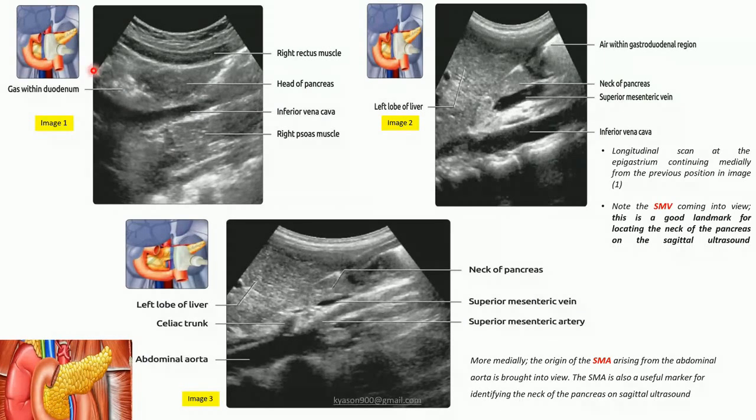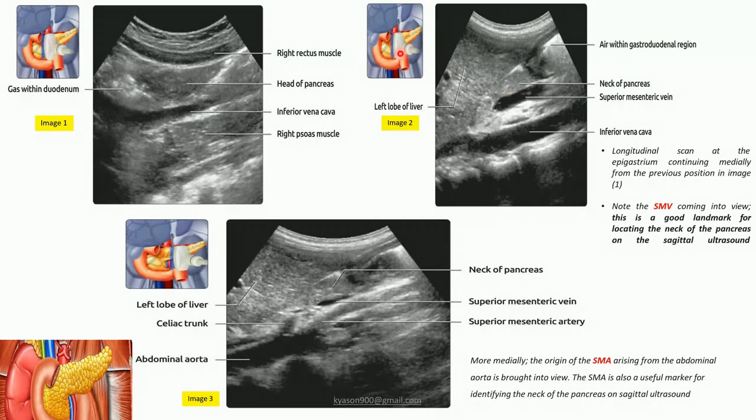So you can see part of the duodenum close to the head on the right side. We know that intestinal structures on ultrasound usually appear with gas within them, so you can see that gas within the duodenum. These relations are very important, and all these images are further showing you the relations.